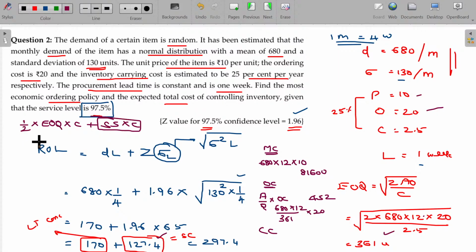Now fill this: half into EOQ order being 361 into carrying cost being 2 rupees 50 paise, plus safety stock being 127.4 into carrying cost here being 2.5. Get the ultimate value here. 770.